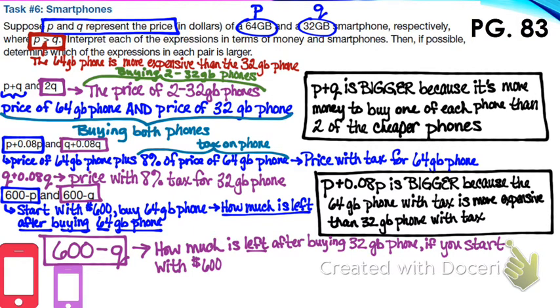So which expression is bigger? Which one would leave you with the most? 600 minus Q is bigger, because you'd have more left over if you bought the cheaper phone.